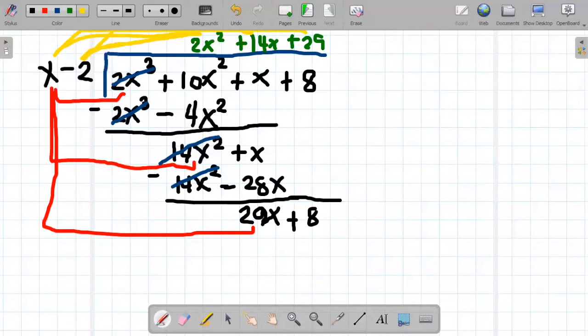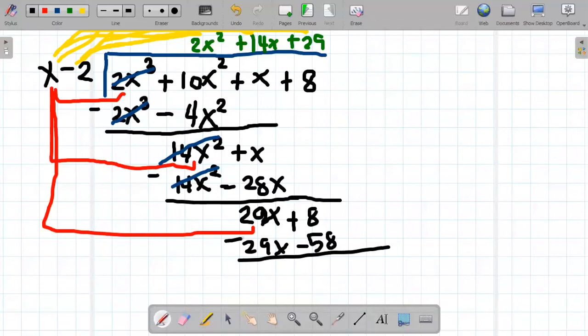Repeat the procedure: 29 times x is 29x. And then you have positive 29 times negative 2. So this is negative, and then 29 times 2. If you have 30 times 2, that's 60, but it's 29, so minus 2, that's 58.